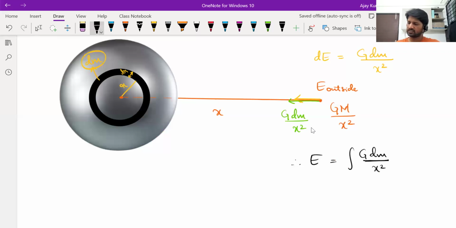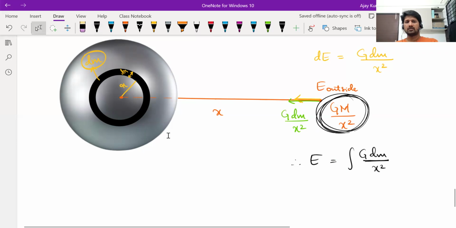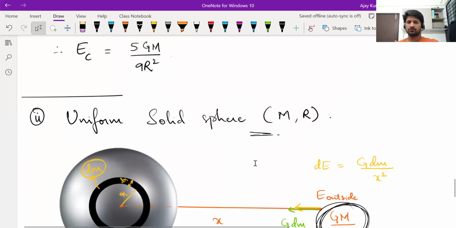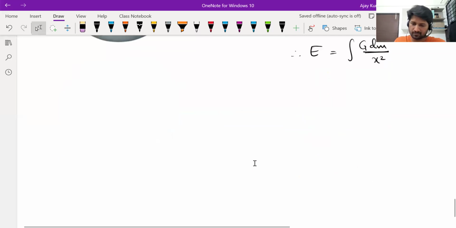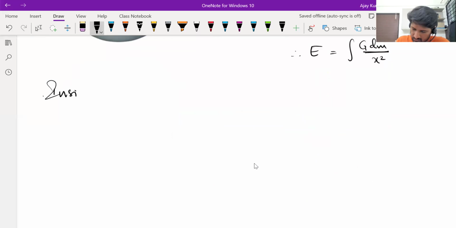So all you need to do is integrate dm, that becomes M. Therefore, the field outside a uniform solid sphere is GM by x square, just like that of a point mass. Okay. Next is field inside a uniform solid sphere. Follow this derivation carefully, all of you.